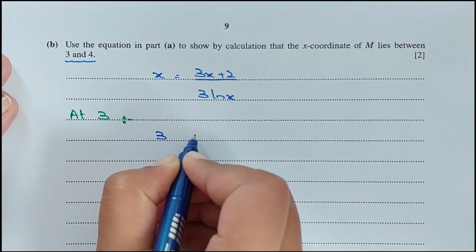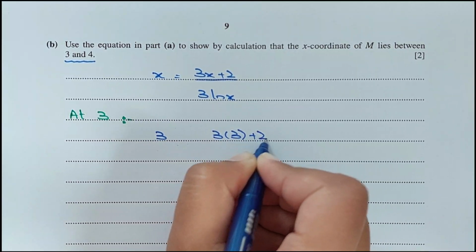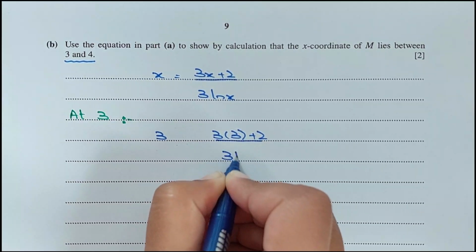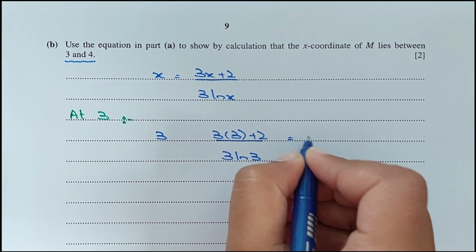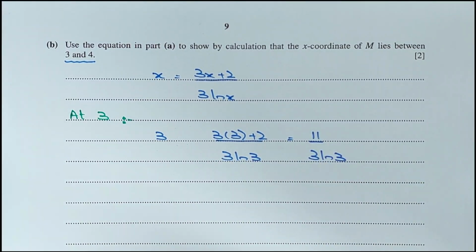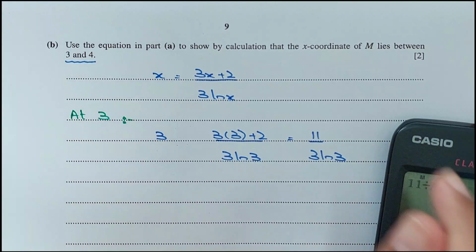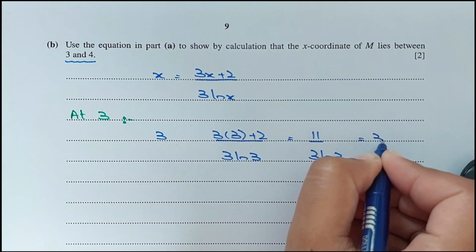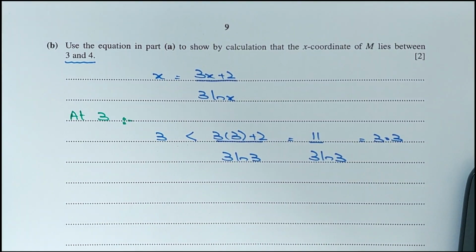So at 3 we have 3 times 3 plus 2 over 3 ln 3, right? 3 times 3 is 9, 9 plus 2 is 11 over 3 ln 3. Let me calculate this. The answer is 3.3. So 3 is less than 3.3, right?